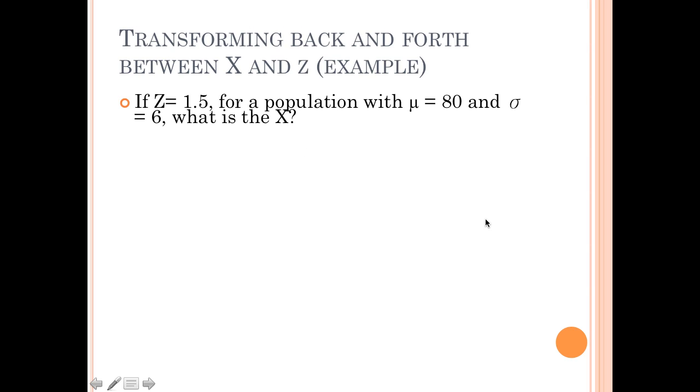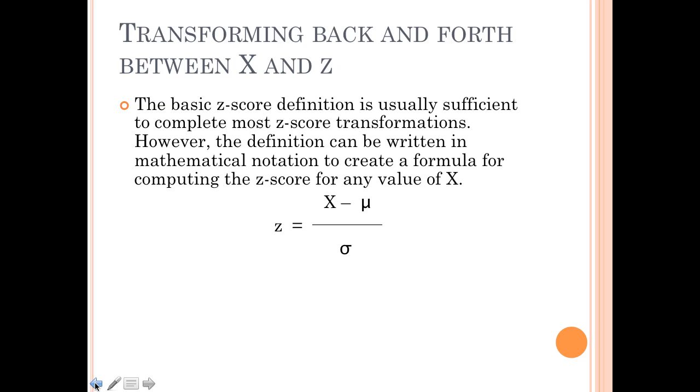So if z equals 1.5 for a population with a mean of 80 and a standard deviation of 6, what is the x, the raw score? Here you're just rearranging this formula to isolate x on the right-hand side.